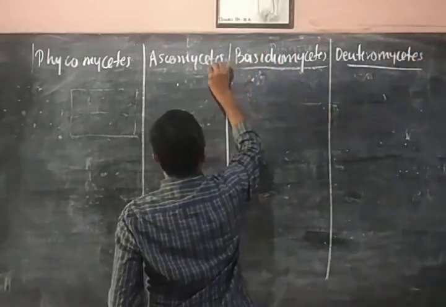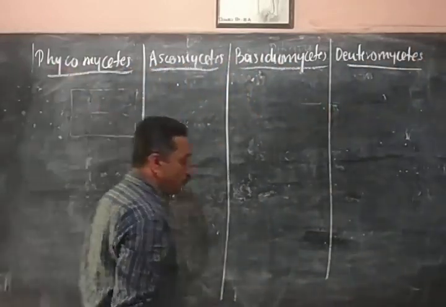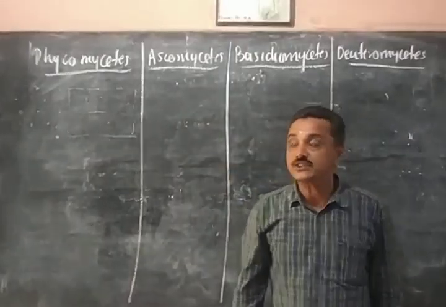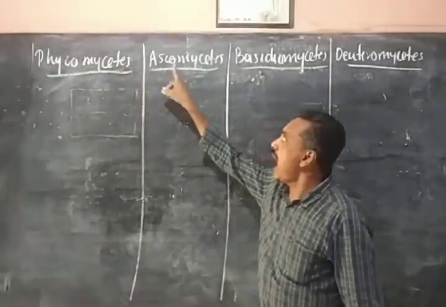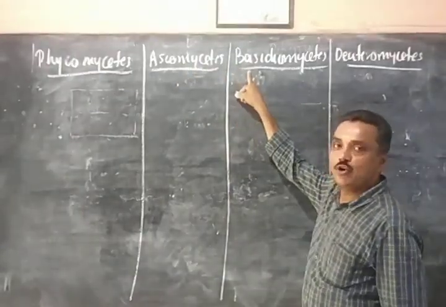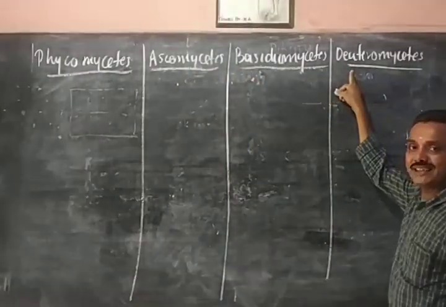Mycetes means fungus. So fungus are classified into 4 groups: Phycomycetes, Ascomycetes, Basidiomycetes, and Deuteromycetes.